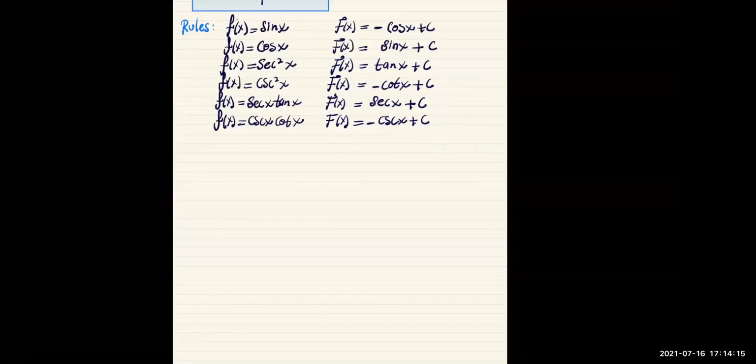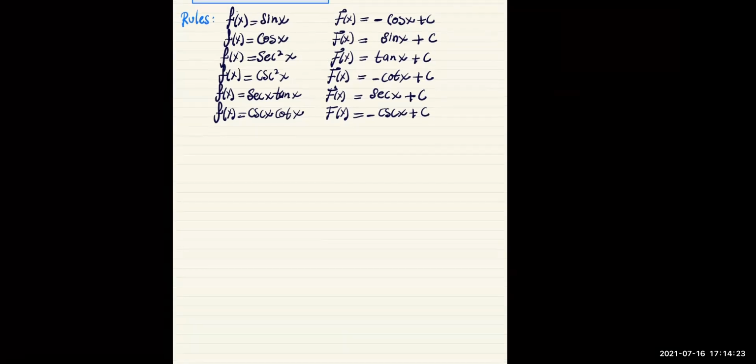Now you might say, hey, what is the antiderivative of tan x? Let's see if we can find that. Someone asks you, little f, the function, is tangent x.